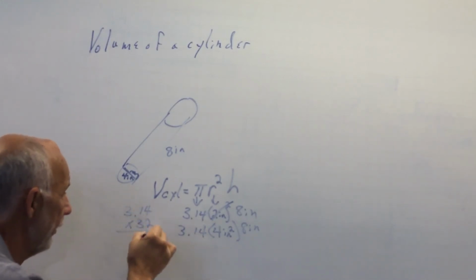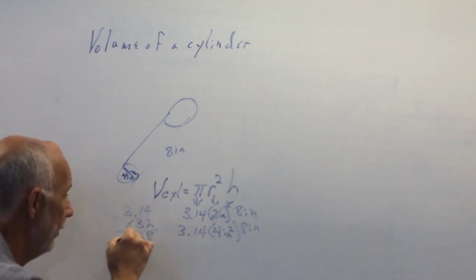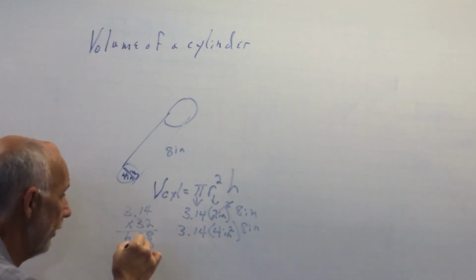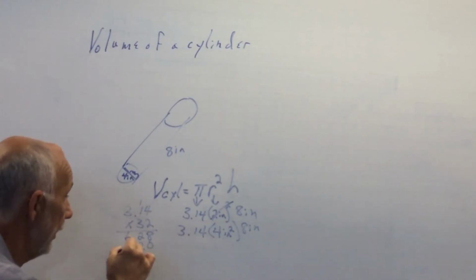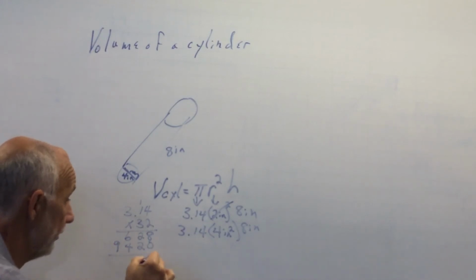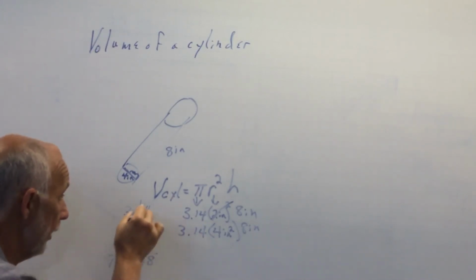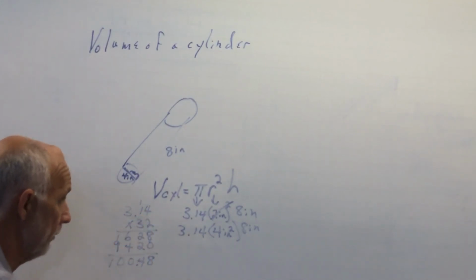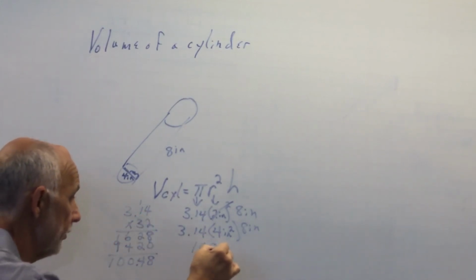With your calculator, it really doesn't matter what order you do it in, because your calculator can do it in any order very fast. But since I don't have a calculator, I have to do it this way. 2 places behind the decimal in the problem, 2 places behind the decimal in the answer.